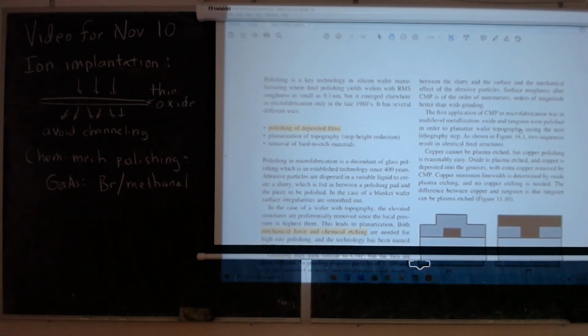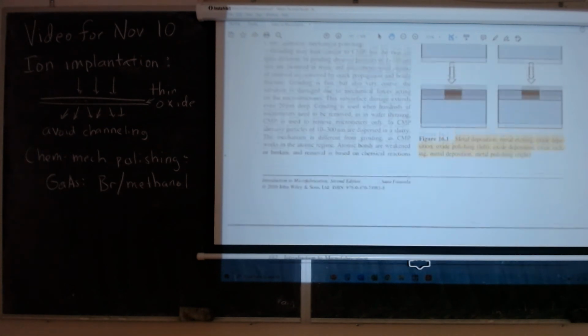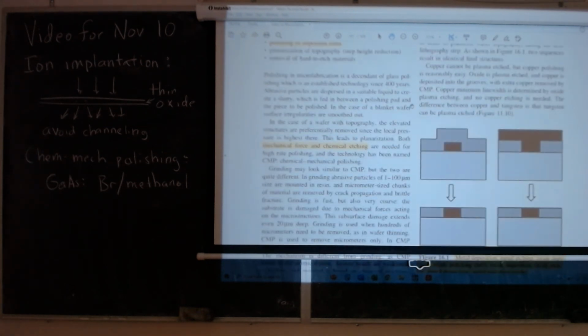So far we haven't talked about chemicals, and there's a reason why it's called chemical mechanical polishing. So far all we've indicated is mechanical force: there's a slurry, you're pushing down against it and rotating, and you're removing material through a mechanical interaction of the slurry and the wafer.